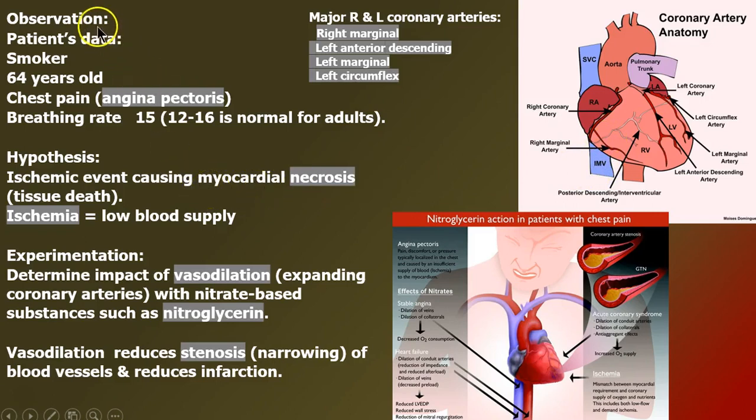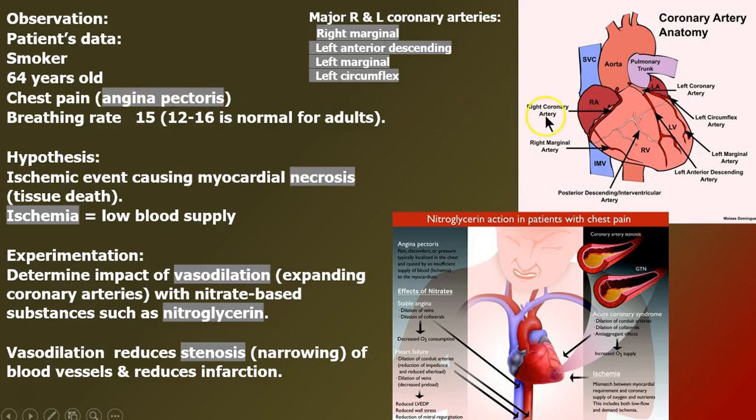All right, hypothesis. So now we have an observation. Here's our patient, and we don't know what's going on because they're breathing fairly normally. 15 breaths, with 12 to 16 considered healthy for most adults. So what's our hypothesis or guess? Well, ischemic, so there's a blood supply issue, and maybe death of the tissue, because that's where the angina comes in.